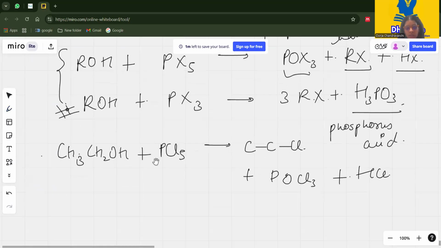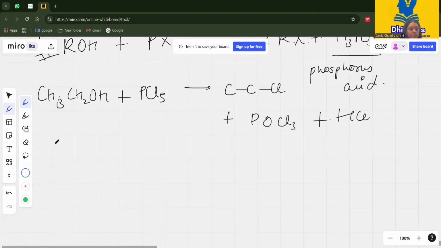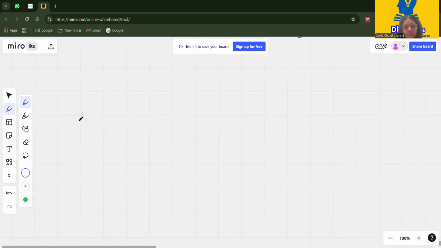Now, again, my bromoalkanes and iodoalkanes via this method are a bit reactive. So what do I do? I again prepare them in situ. How is that done? So for bromo, I'll just directly write it here. You have P4 plus 6Br2, giving 4PBr3.